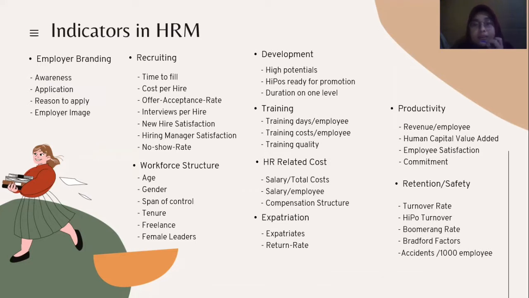Next, HR-related costs, such as salary or total cost, salary per employee, and also compensation structure. Next, exploitation and rating rate. The next is productivity, such as revenue per employee, human capital value add, employee satisfaction, and also commitment.